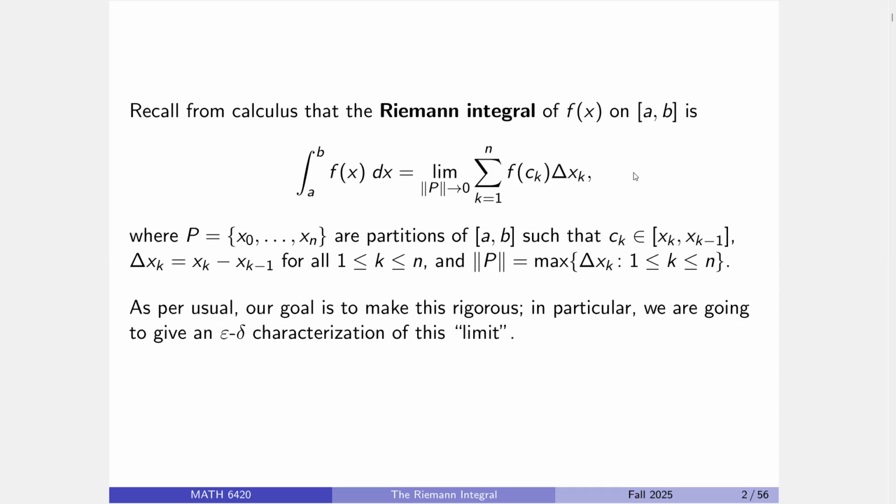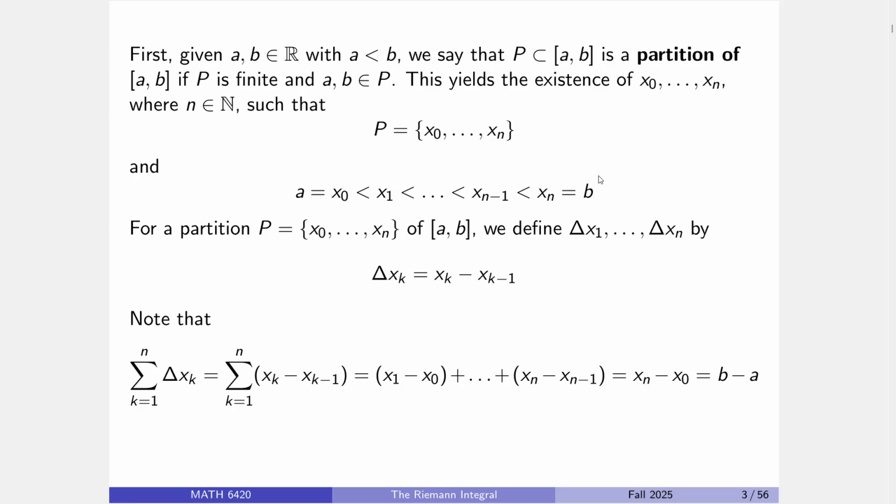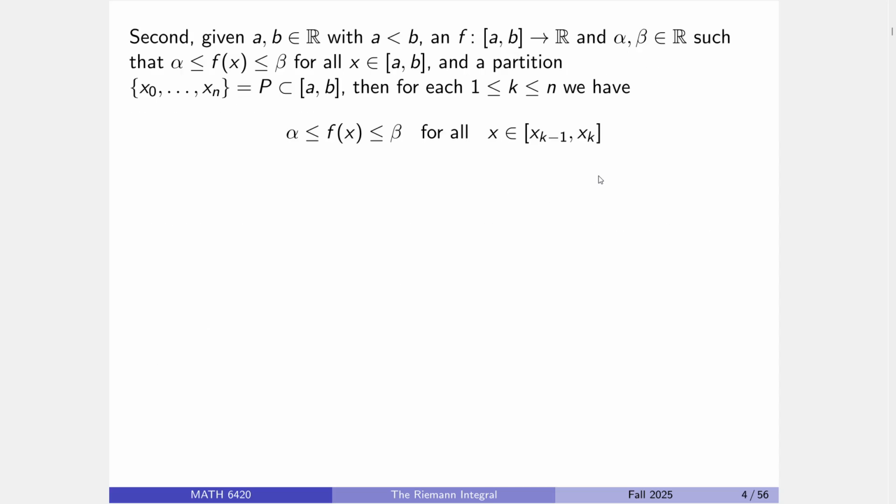We're going to save that for later because, while these traditional Riemann sums can be made very rigorous, we can make our lives a lot easier if, instead of picking points and making these rectangles, we look at our favorite tools in analysis, which are supremums and infimums.